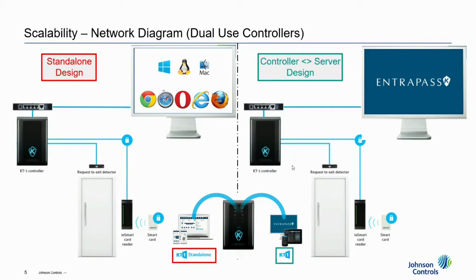It will just work by itself. Whenever you need to do a configuration, you just use whatever device you have, the web browser, connect to the KT1 controller and do your administration.